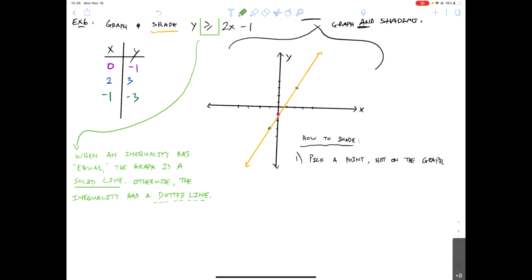On the chart, you can see that if you plug in 0, you get -1, 2, you get a 3, -1, -3. So you can't pick 0, -1, 2, 3, -1, -3. Those are all points that construct your graph. What about a point where this orange line won't cross for sure?